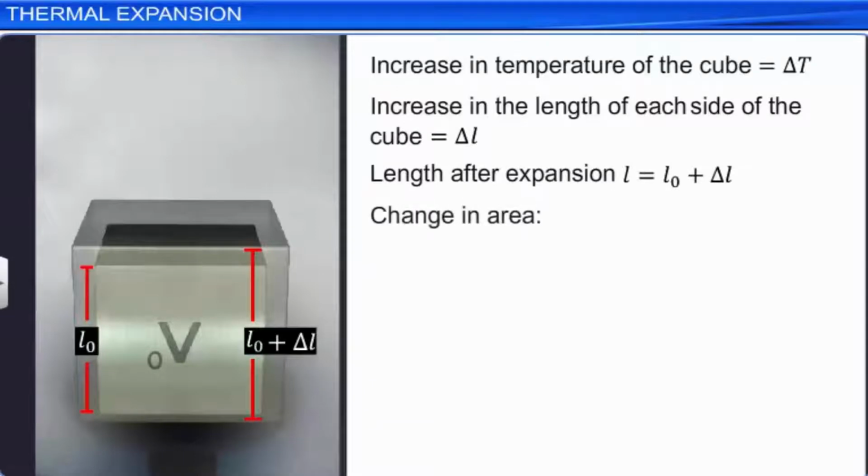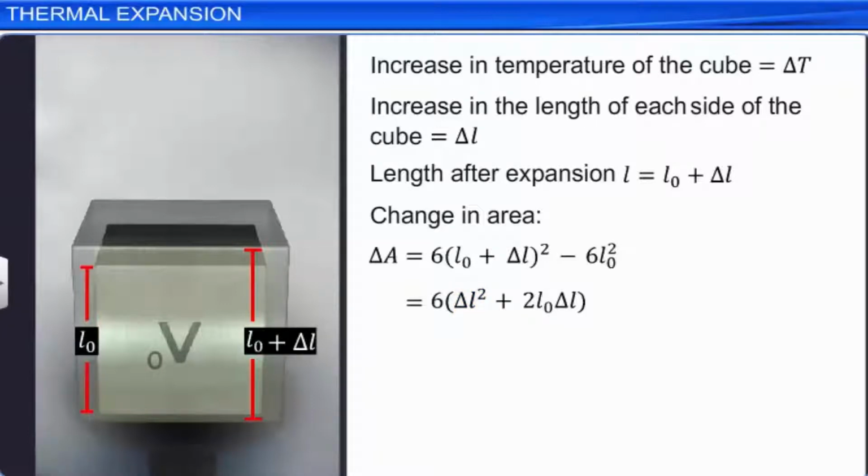Change in area delta A equals 6 into (L naught plus delta L) whole square minus 6 L naught square. This is equal to 6 into (delta L square plus 2 L naught delta L). The term delta L square can be ignored as the value is negligible.